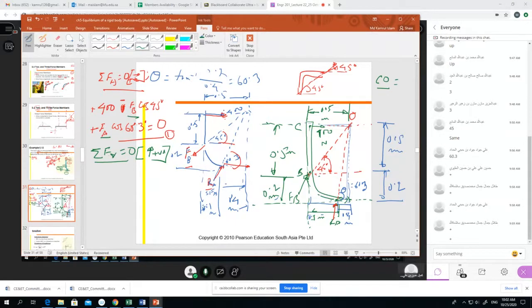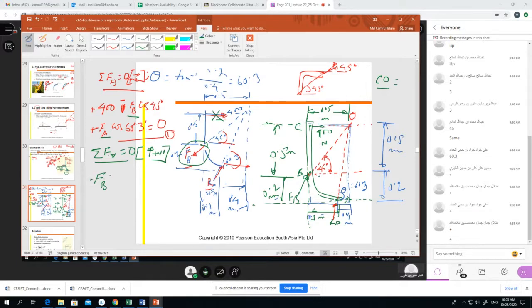This is the horizontal force, so it will not come into our calculation. So we have FB, because it is downward, so it will be negative.